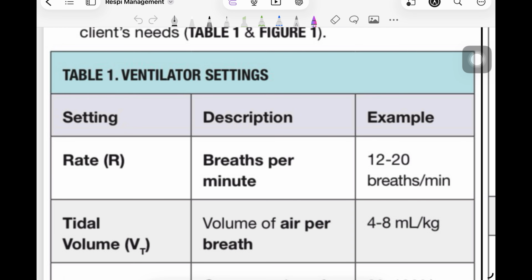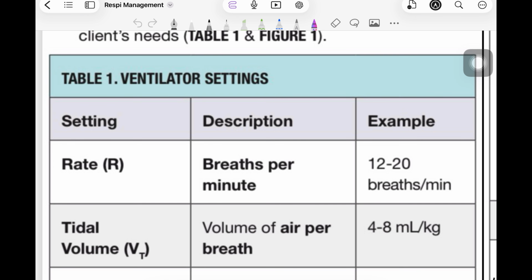Then next, we also have our tidal volume. Ano naman yung tidal volume? It is the amount of air delivered per breath. Sino nagde-deliver? Yung machine, guys. The amount of air delivered with each breath. Ang normal setting dyan is 4 to 8 milliliters per kilogram. But take note, guys, ang ginagamit dyan is the ideal body weight, not the actual body weight of the patient.